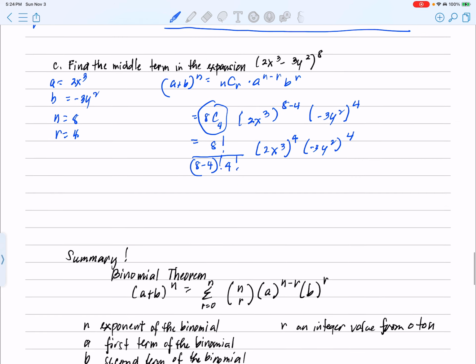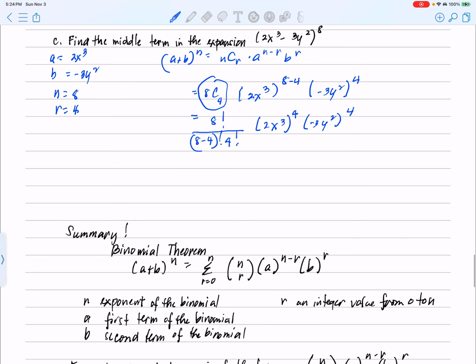Okay, let's do this. I'm going to do the factorial here. I could do 8 factorial as 8, 7, 6, 5, 4, 3, 2, 1. And the 4 factorial is 4, 3, 2, 1.